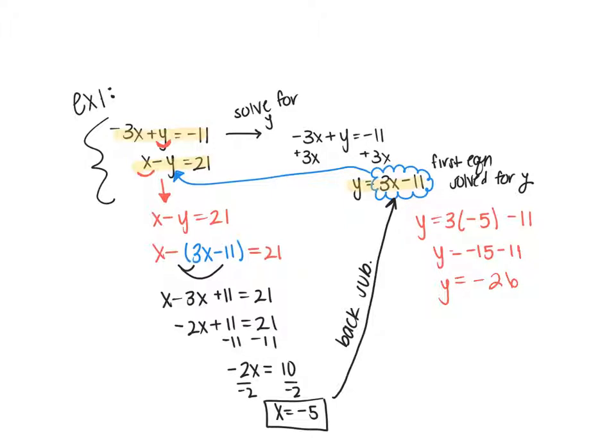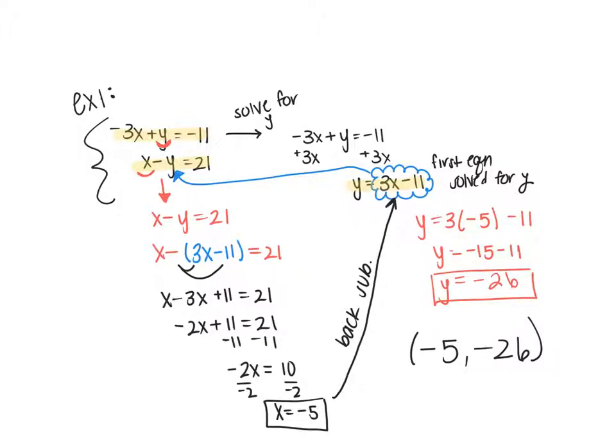So my solution is x equals negative 5, y equals negative 26. Now I write this the same way that I wrote them before, as a point. So I've got the point negative 5, negative 26.